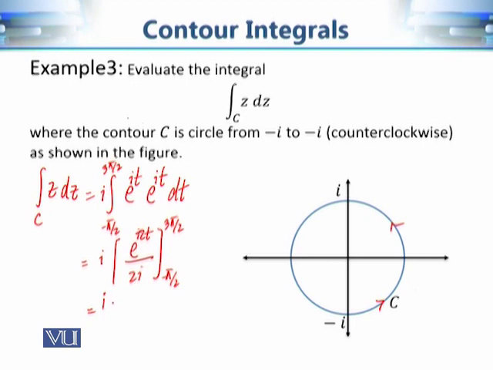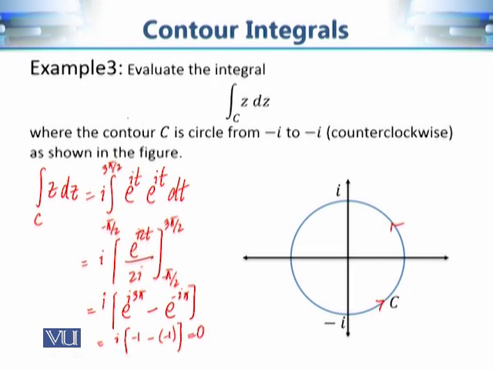Once again using the fundamental theorem, this is going to be equal to e raised to power iota 3 pi minus e raised to power minus iota pi. Evaluating the values, what do we get? Iota multiplied by minus 1 minus minus iota, so this is going to be equal to 0.